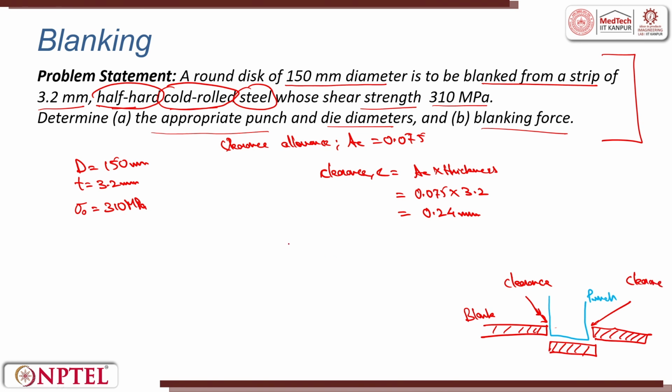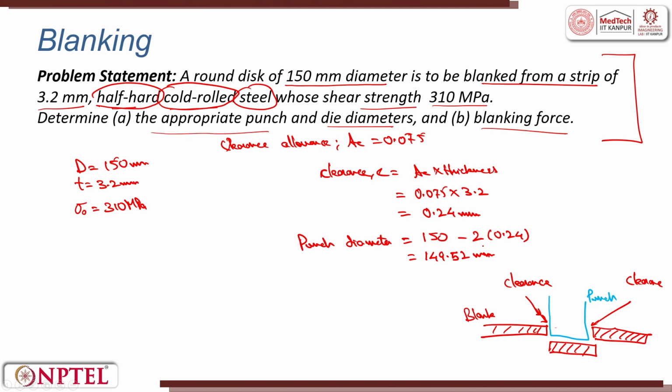Therefore, my punch diameter is equal to the die opening diameter, that is the blank diameter, that is 150 minus 2 times the clearance. This is 149.52 millimeters.